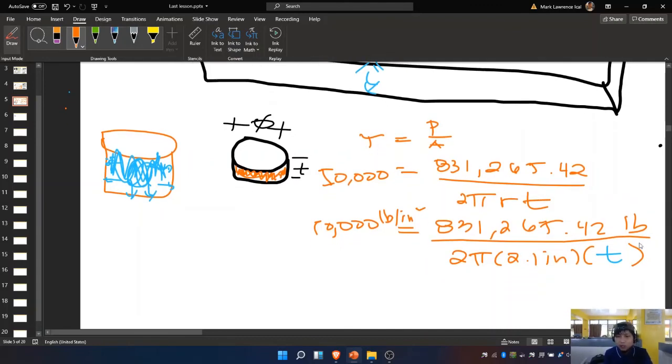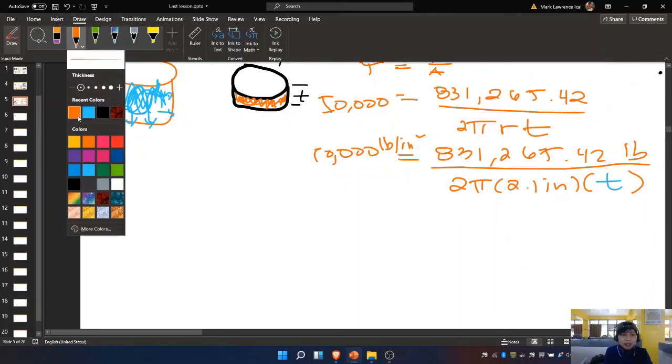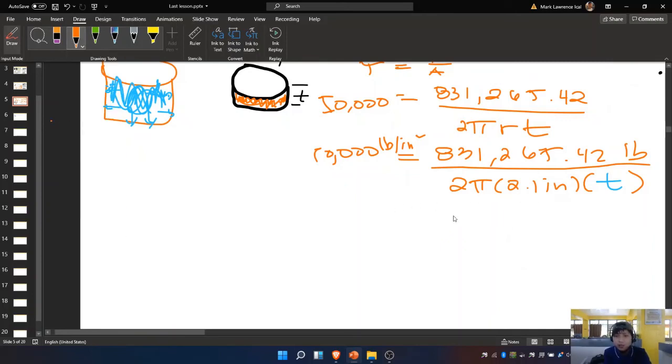So, hanapin natin yung T. Okay? So, may nakita tayong unit ng pound, saka pound dito, cancel na yan. So, may inch square dito, at merong inch dito. Ang maiiwan na lang ay inch. So, i-simplify na lang natin. Alright, so, simplification.